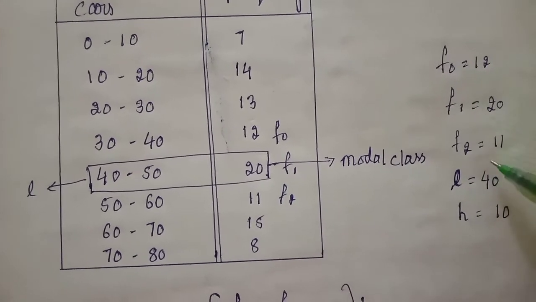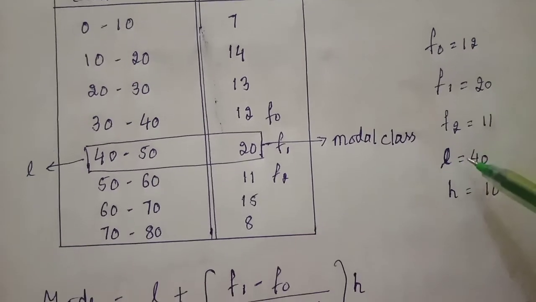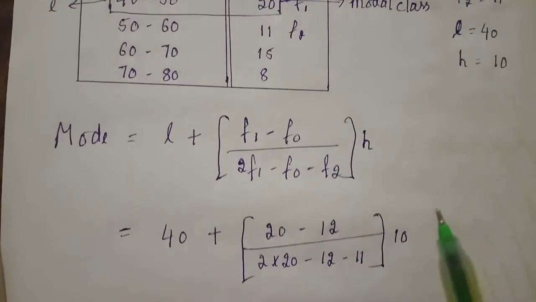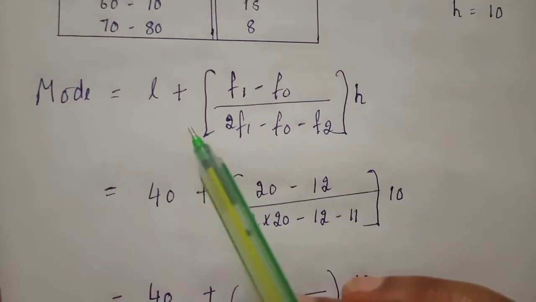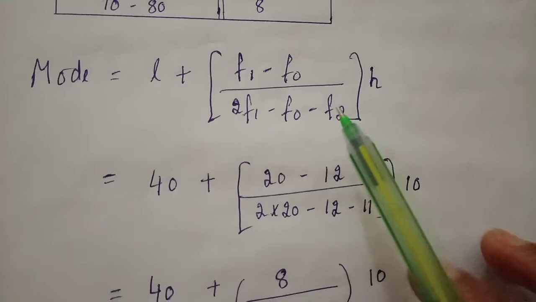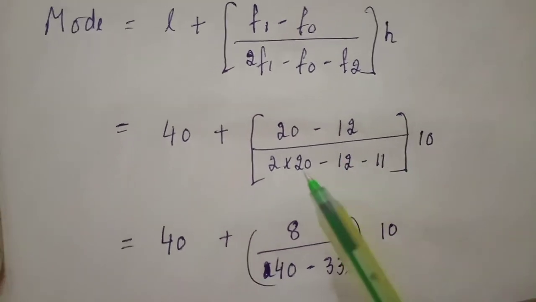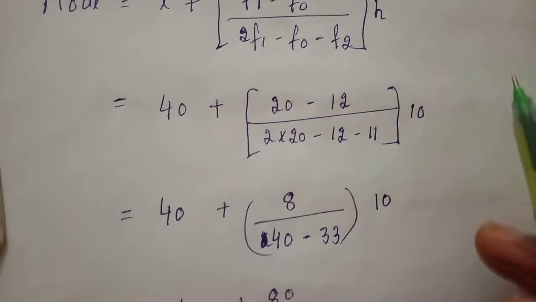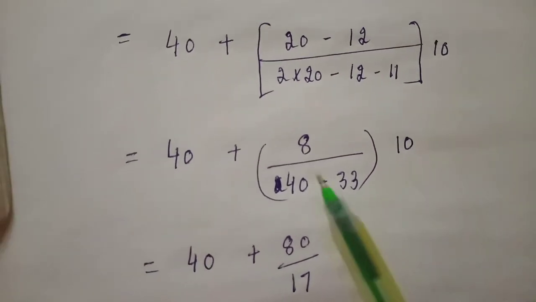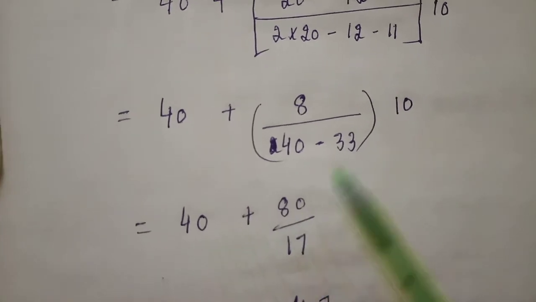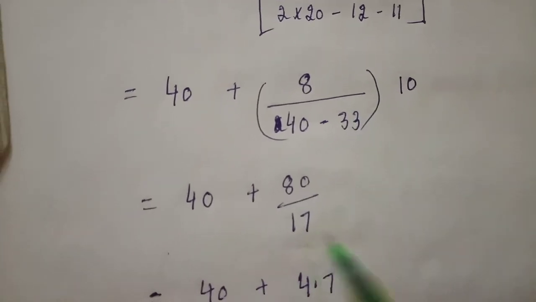So note down all F1, F0, F2, L and H. The formula: substitute all the values in the formula. L is 40 plus F1 is 20 minus F0 is 12, divided by 2 into 20 minus 12 minus 11, into 10. 40 plus 80 by 40 minus 23, so we get 40 plus 8 tens are 80 by 17.